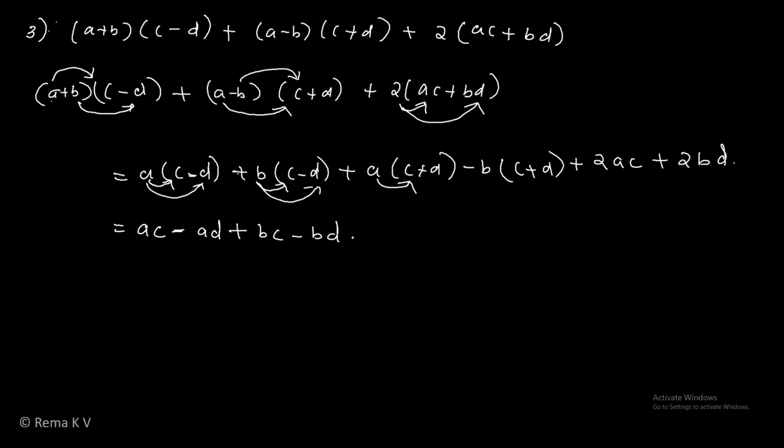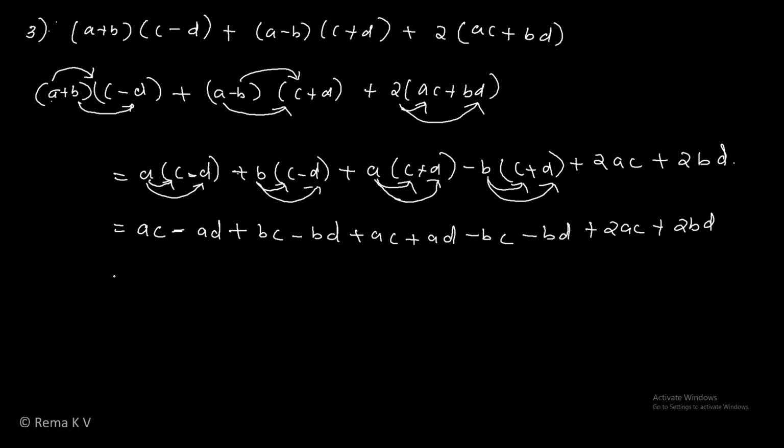Then plus ac. These two gives plus ad. Now these two gives minus bc. These two gives minus bd. Then plus 2ac plus 2bd.